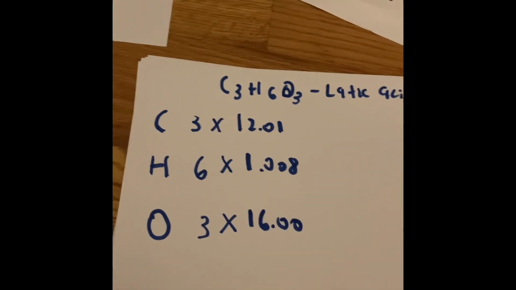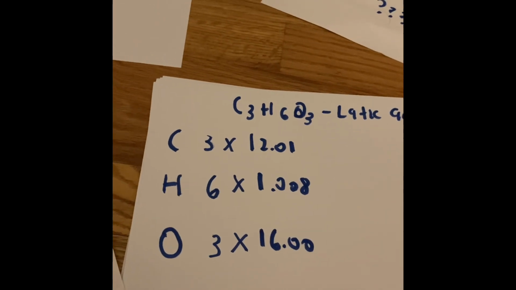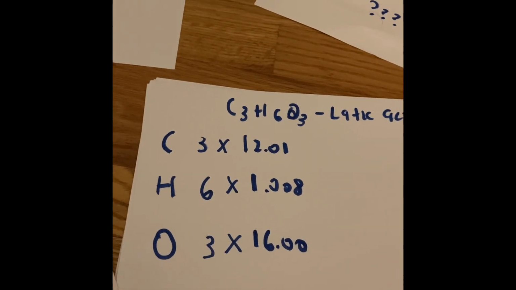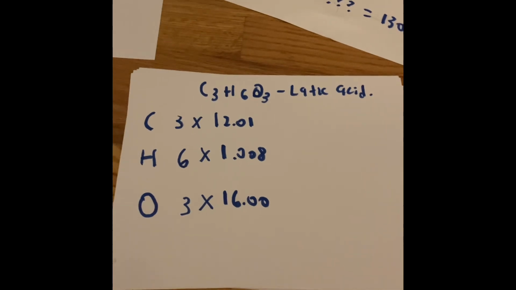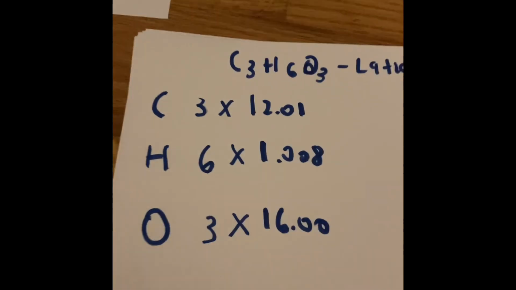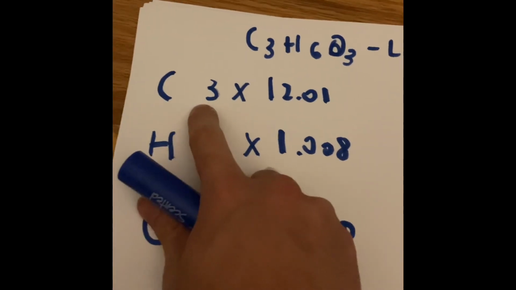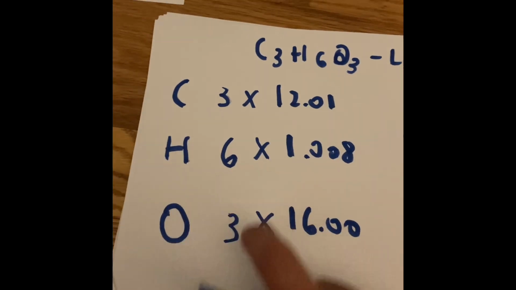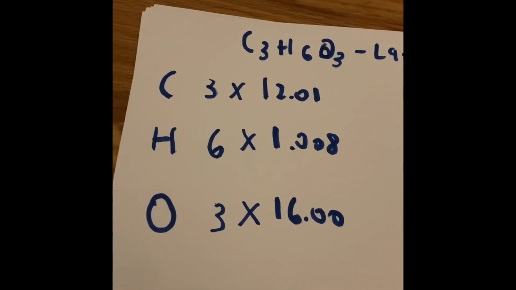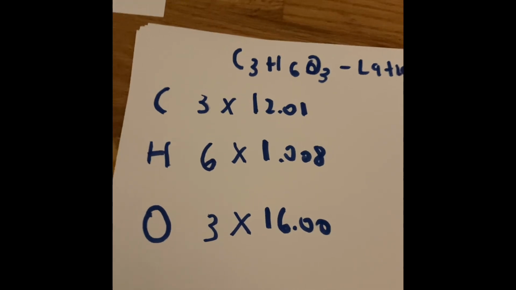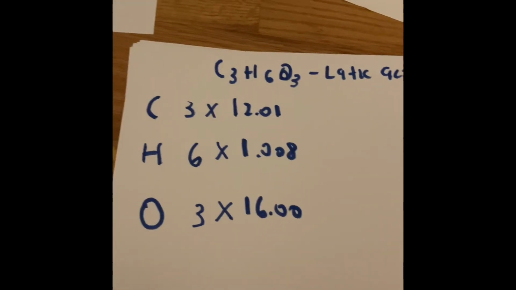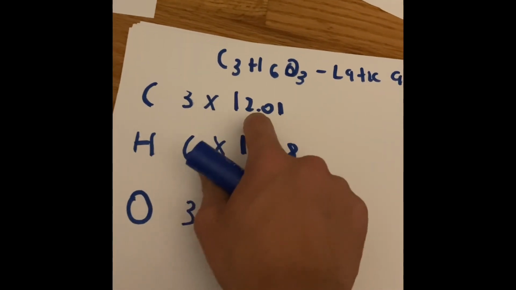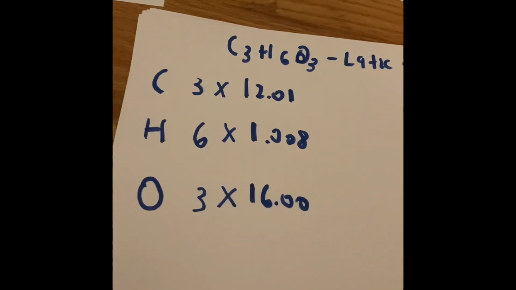So when you add all of the numbers up, you'll be able to get your molar mass. Wait, before we add all the numbers, we still have more than 1 carbon atom, more than 1 hydrogen atom, and more than 1 oxygen. So we're going to do even more steps. 3 times 12.01, there are 3 carbon atoms.